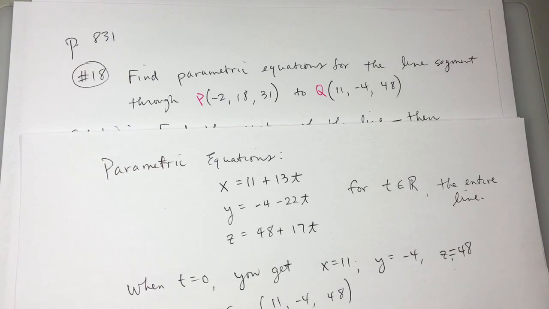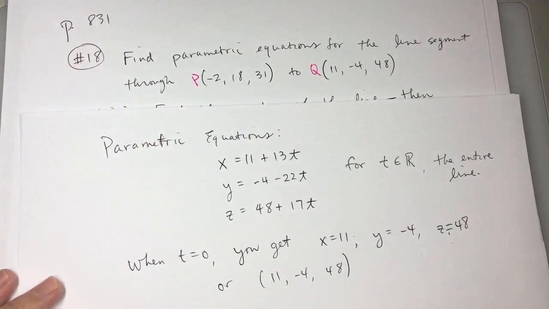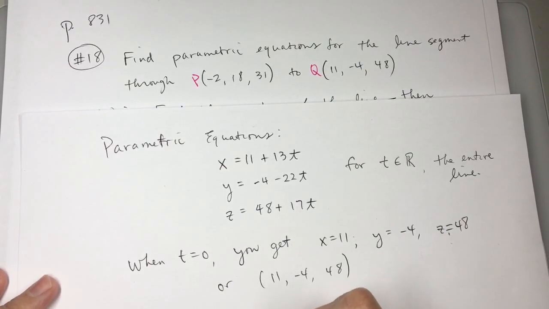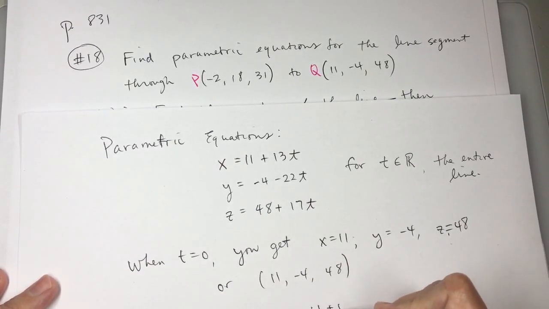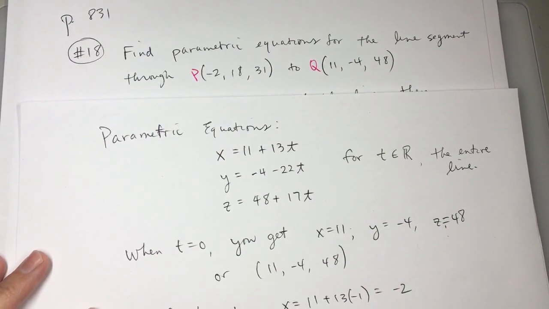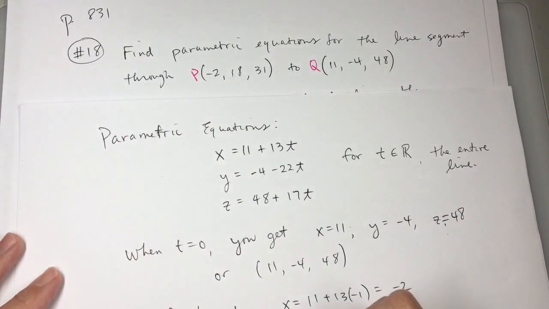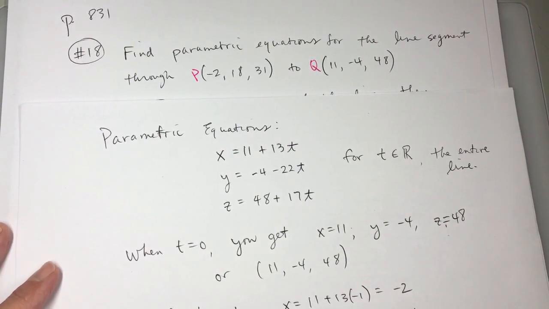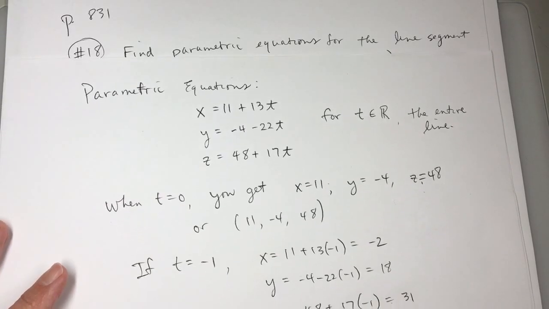What t value will give me P? Negative 1. So if t equals negative 1, x would be 11 plus 13 times negative 1, which is negative 2. And do I get 18 for y? y is negative 4 minus 22 times negative 1. That is 18. z is 48 plus 17 times negative 1. That is 31. That is point P.